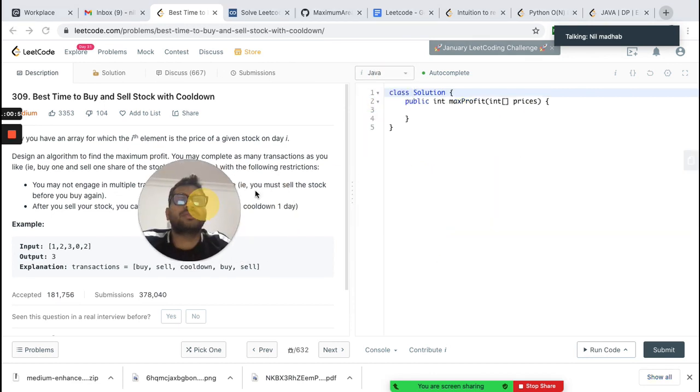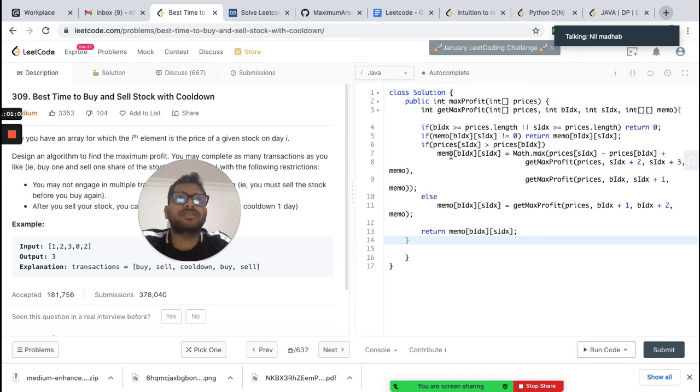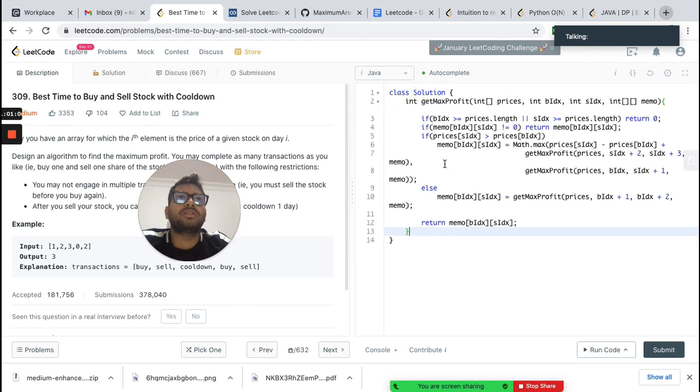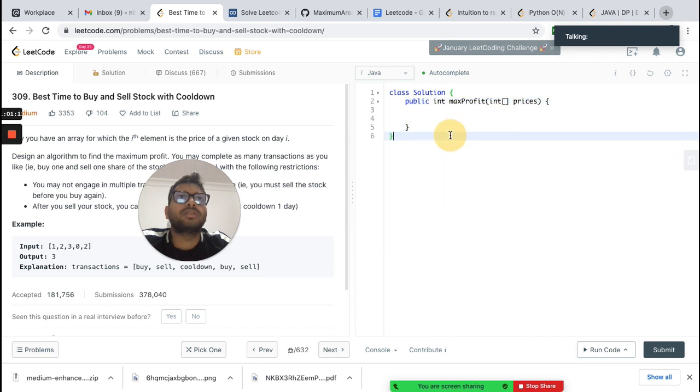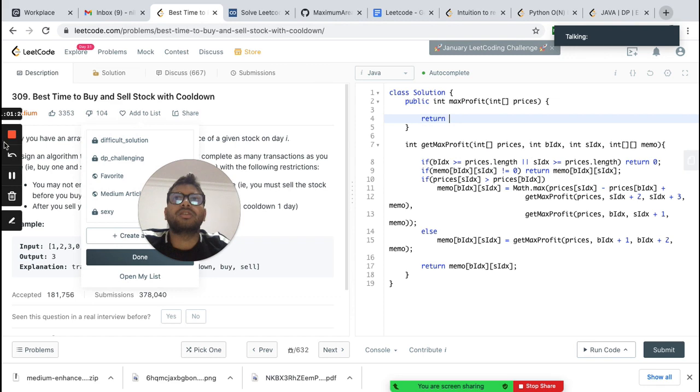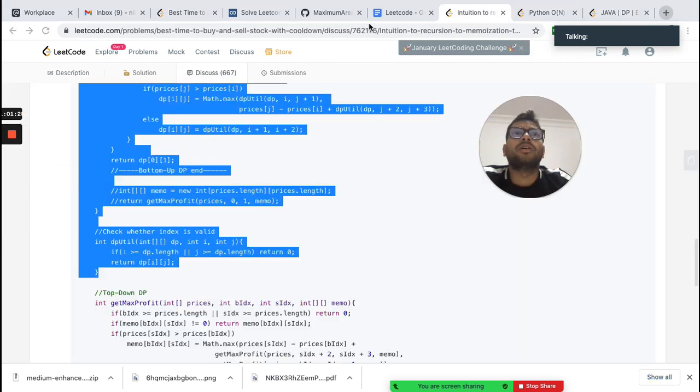Yes, so let's try to understand it first. Return get maximum price. Okay, I have to also build it.